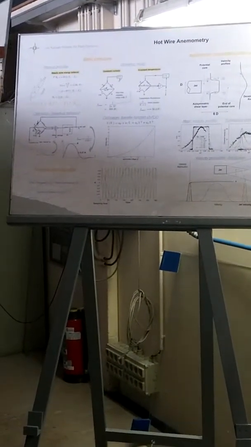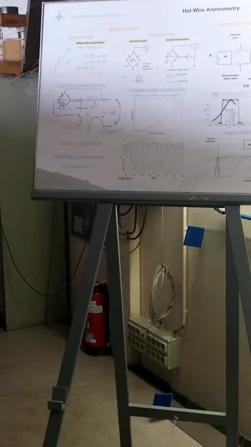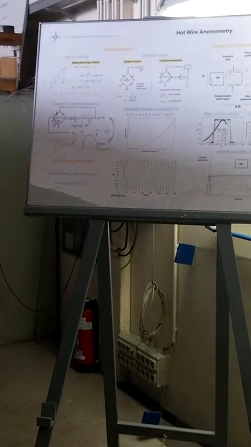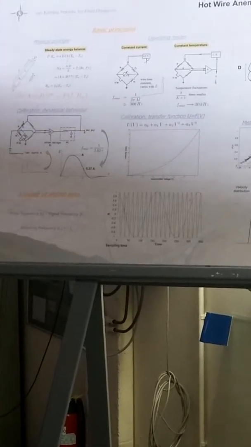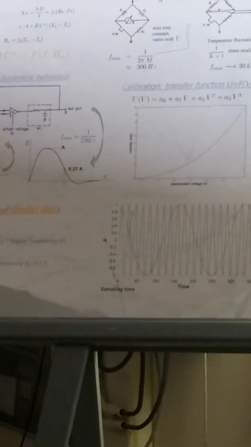you need a hot wire when you want to measure velocities, and in particular when you want to measure turbulence. The reason is that even if the hot wire has the drawbacks of being an intrusive, point-wise measurement technique that also depends on temperature, these are less important than the major advantage of the hot wire technique, which is that it's very fast.